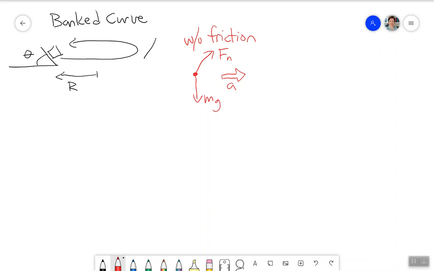The acceleration is always inward. If we choose axes x and y, the normal force is separated into components. The sum of the forces in the x direction is Fn sine theta, and the sum of the forces in the y direction is Fn cosine theta minus mg.